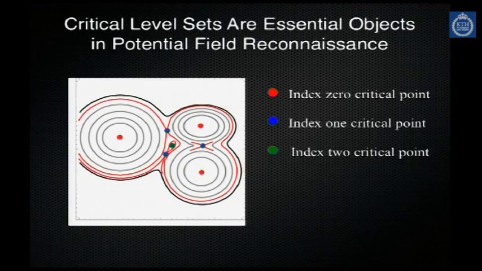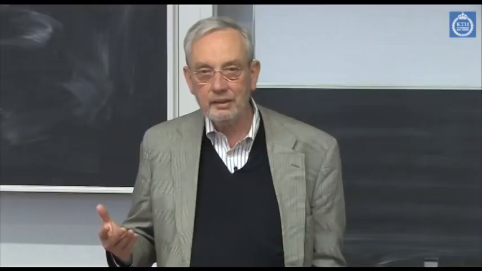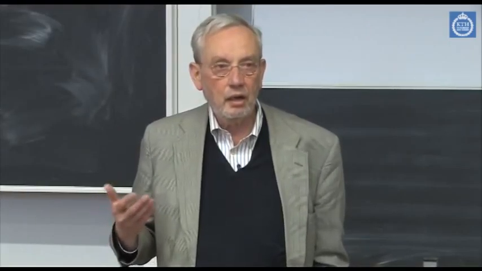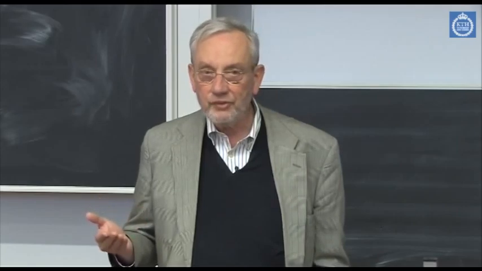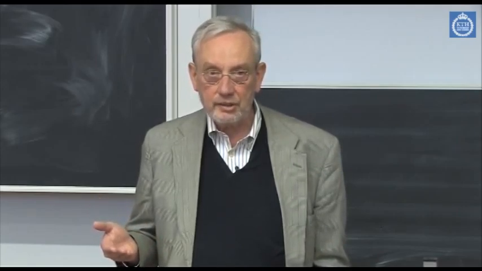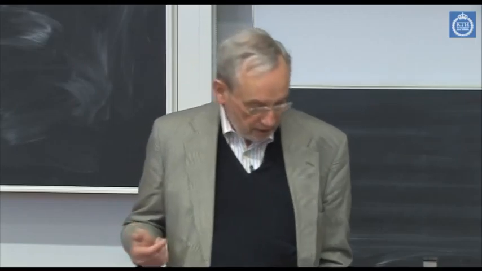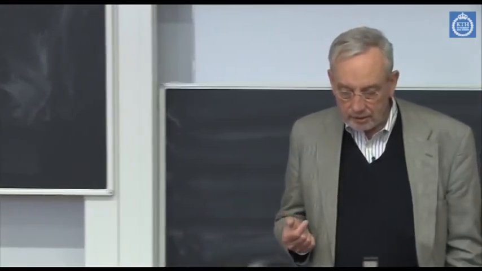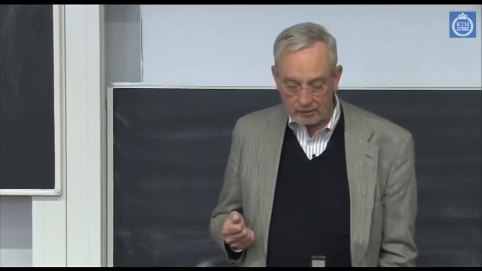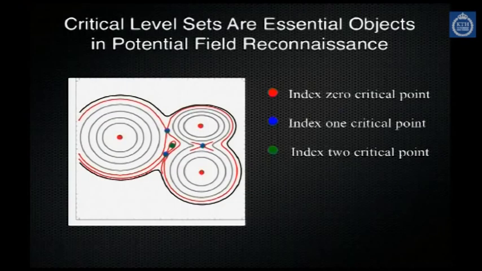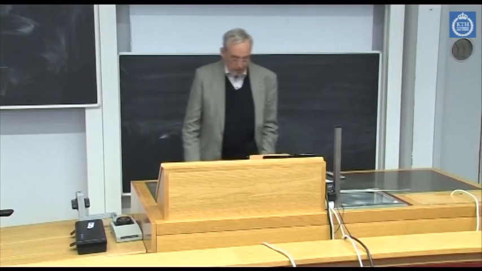And of course, if you want to identify important characteristics of a differentiable field, you want to know where the critical points are and where the critical level sets are. This is a cartoon rendering of critical points and critical level sets for index 0 critical points, which are the relative maxes, index 1 critical points, and index 2 critical points.